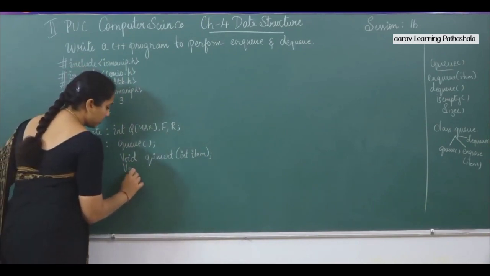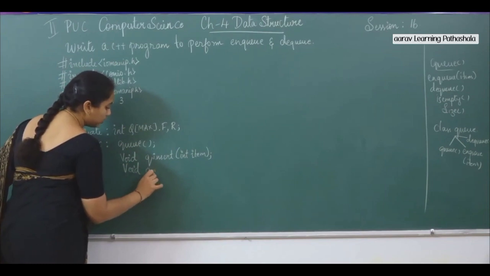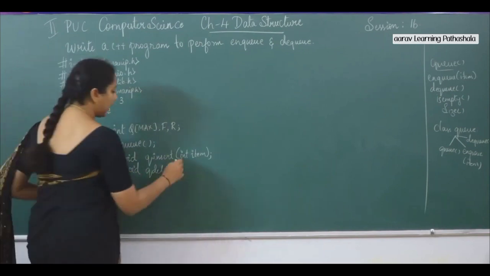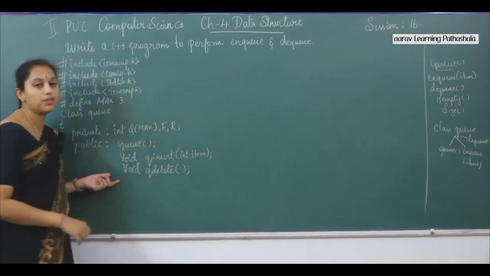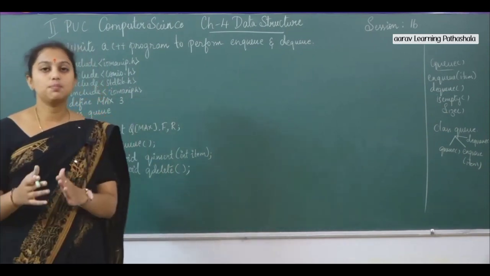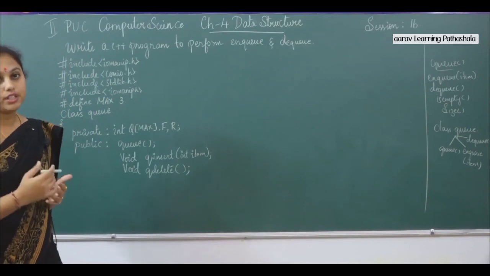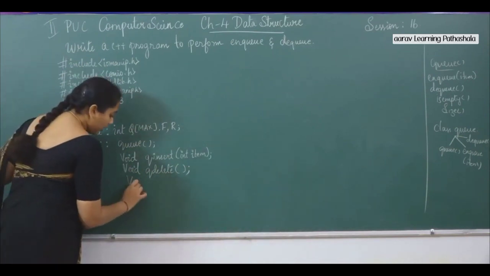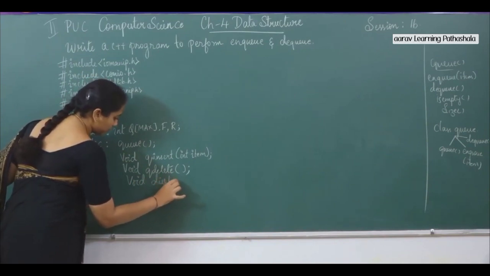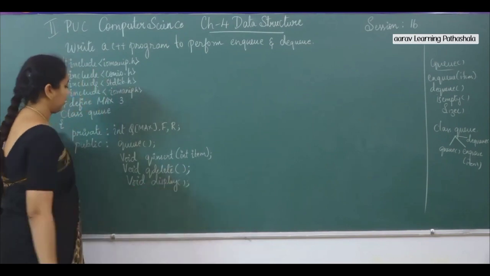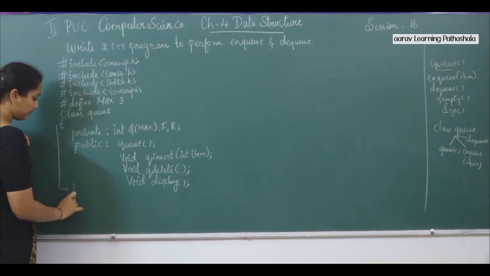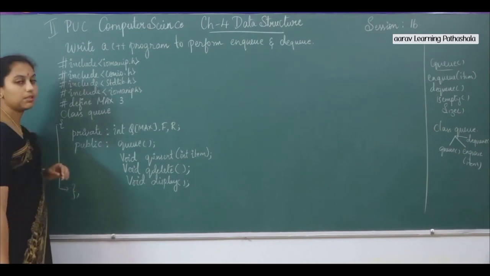And the next function is void Q delete. This is to perform the deletion of an item from the queue. After inserting and deleting an item, to display the queue contents, we require a function called display. Void display function. So I am going to close this class by terminating it with a semicolon.